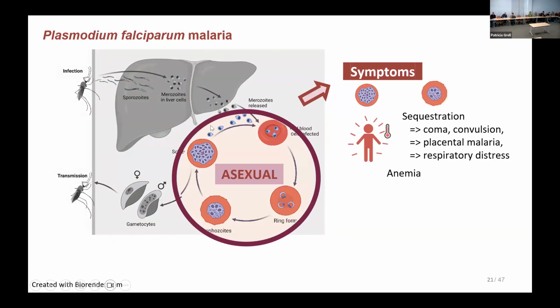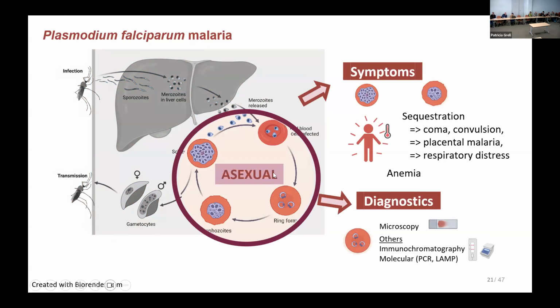One is the mature stages, which can stick deep in the vasculature of the host, and they originate symptoms of malaria, which could be coma and convulsions when they stick into the brain endothelial vessels, or in the placenta, and also trigger fever because the red cells burst throughout the parasite cycle. But also the ring forms, the younger forms in that cycle, are the ones circulating in the bloodstream.